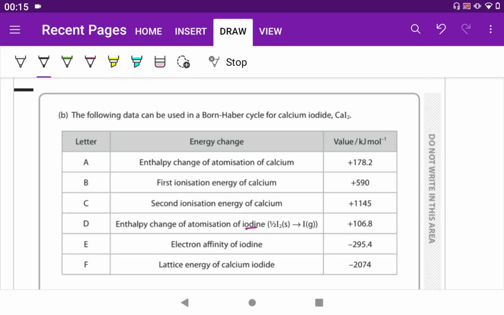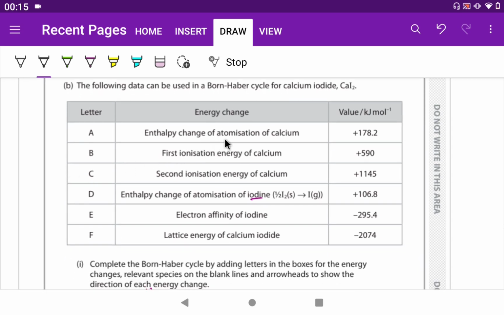Now part B. The following data can be used in a Born-Haber cycle for calcium iodide. Enthalpy change of atomization of calcium is this, first ionization energy of calcium is this, second ionization energy of calcium is given. Enthalpy change of atomization of iodine is given, electron affinity of iodine, and lattice energy of calcium iodide.